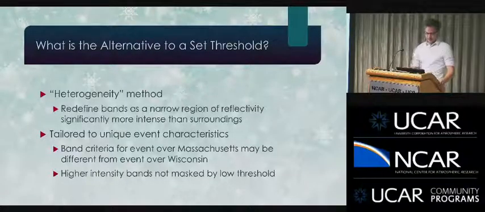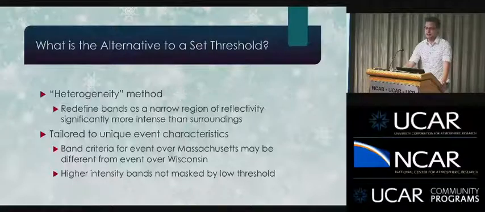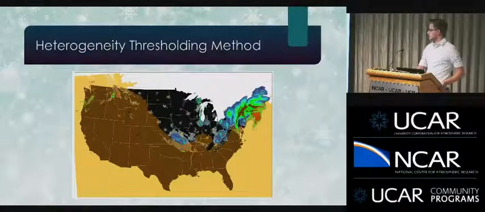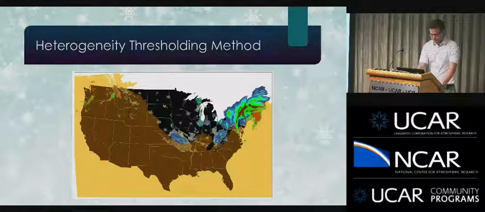This essentially targets the problem that I showed in the previous slides by not masking out higher intensity bands with low thresholds, because if you have a large region of intense precipitation, your calculated threshold is going to be higher and you're going to get at your fine scale features better. Applying a heterogeneity thresholding method to this case, we have a better fit to what we would actually classify as the band.